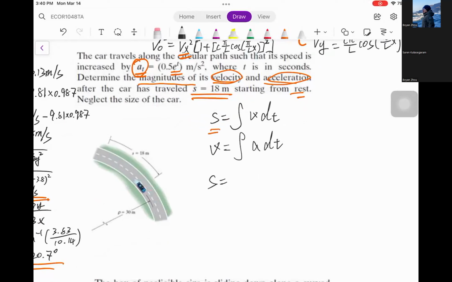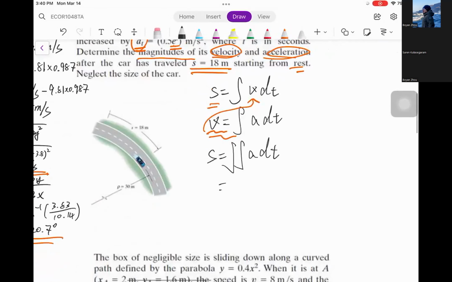So s is equal to the integration where we put v into here. So we're going to have a double integral of a dt, and a is an equation that is given.